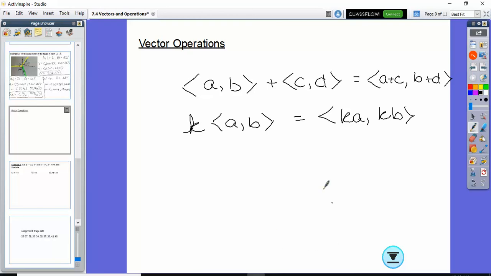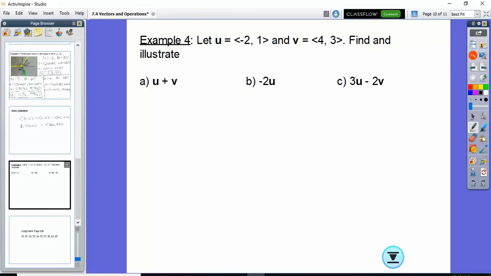So let's do an example where we practice that, and then I'm done. So my vectors. U is the vector -2, 1. And V is the vector 4, 3.